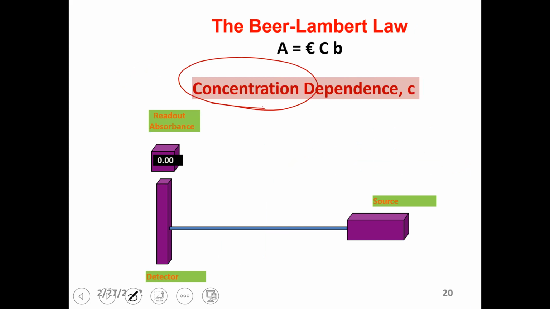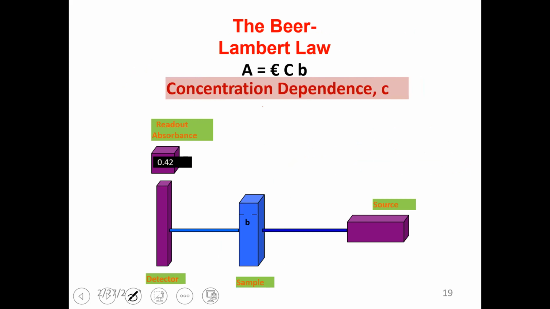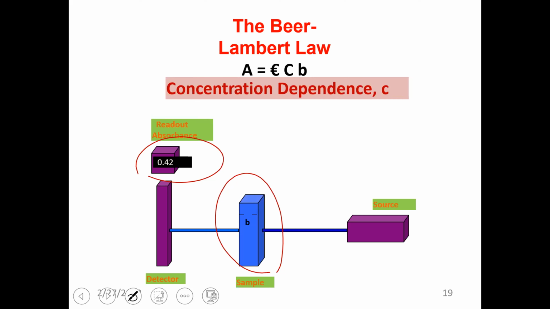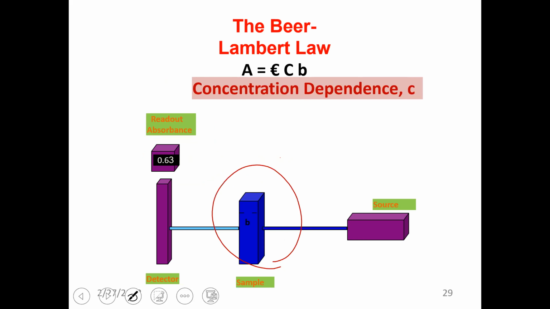Here you are going to place a light blue color solution, which has absorbance of 0.42. So it's nothing but a sample, which is light blue color of particular concentration. And when you increase the concentration of this sample to the next level, maybe the previous one is 10 microgram, and the next one you increase to 20 microgram.